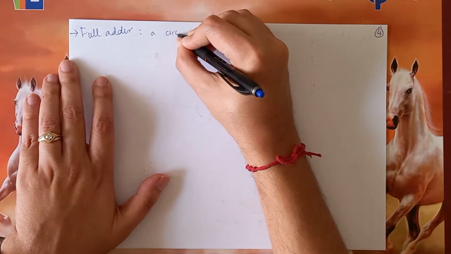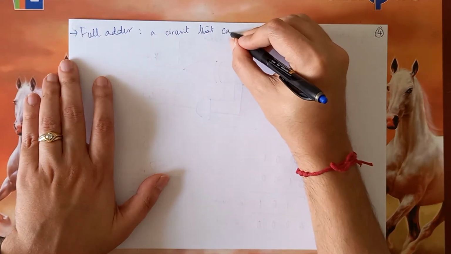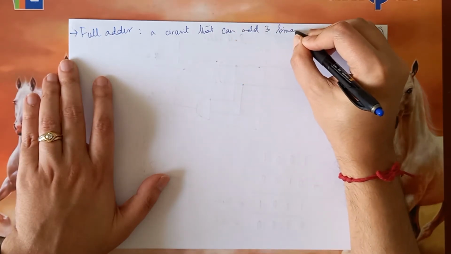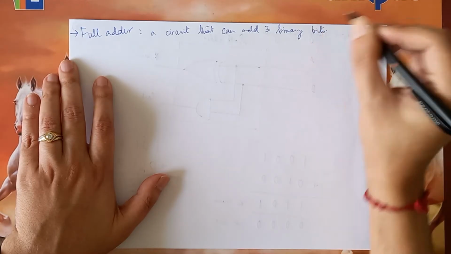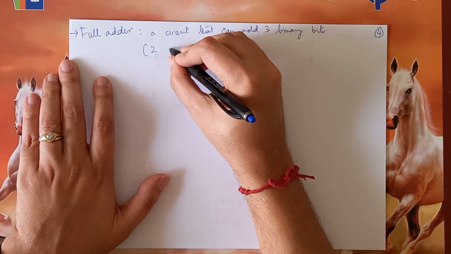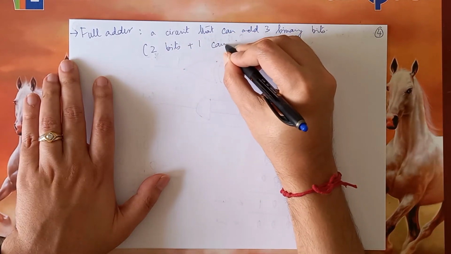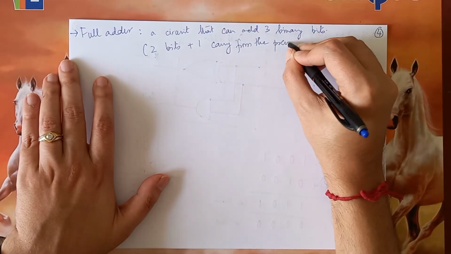A circuit that can add 3 binary bits. So I'll say 2 bits plus 1 carry from the previous stage.